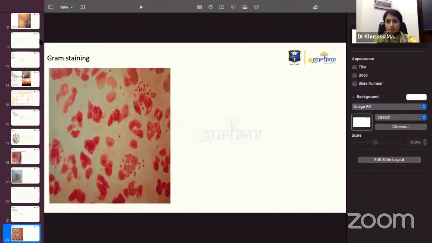So this is a gram stain of, you would all have guessed, gonococcal urethritis, where you are seeing Neisseria gonorrhoeae. These are gram-negative diplococci, which are present together. They're present inside the cell and they're also present extracellularly. A very, very important and diagnostic feature of Neisseria gonorrhoeae or gonococcal urethritis.